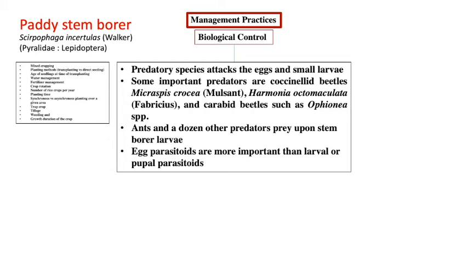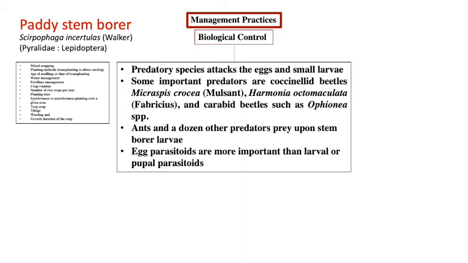This indicates that over the thousands of years of rice cultivation, a relatively stable association between rice insects and their natural enemies has evolved. When this stability is upset, as is the case in the destruction of predators by insecticides, insect outbreaks occur.